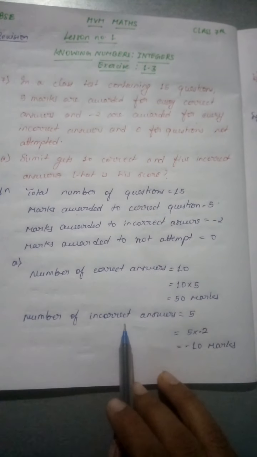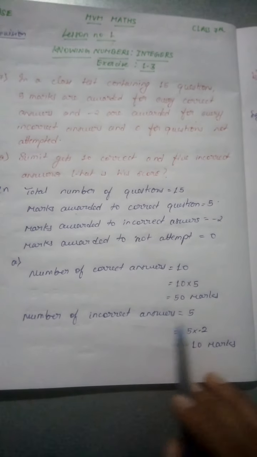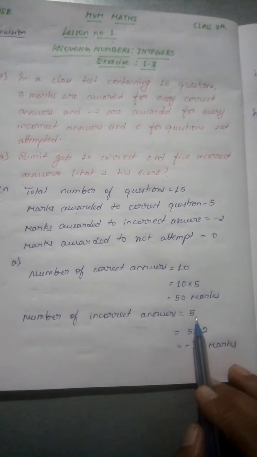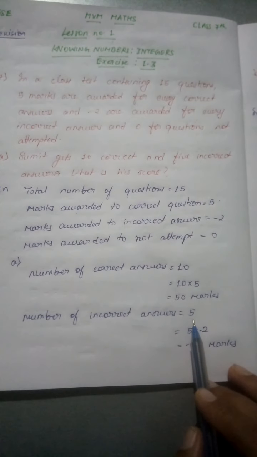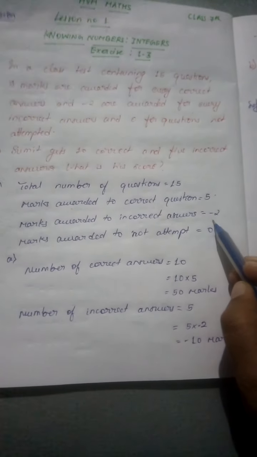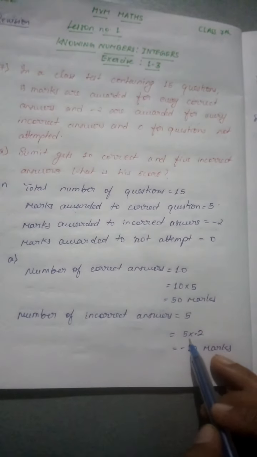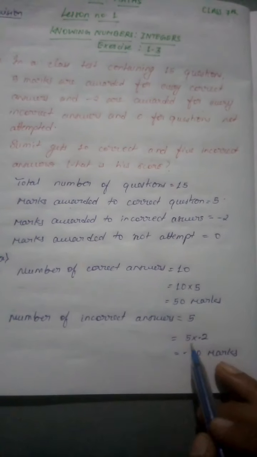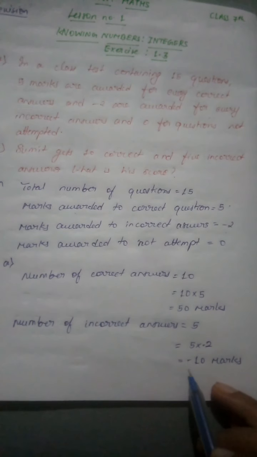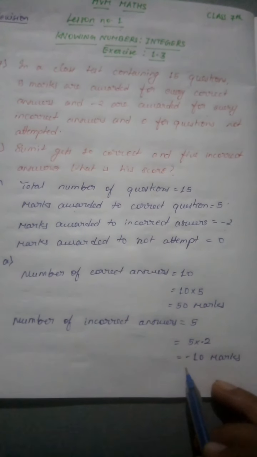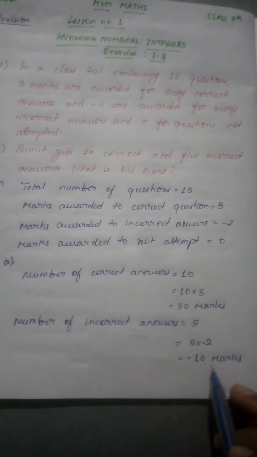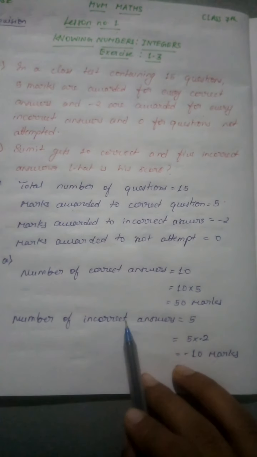Then the number of incorrect answers is 5, and for an incorrect answer -2 marks are awarded. So we multiply 5 with -2, and 5 into -2 equals -10. So he got -10 marks for incorrect answers.